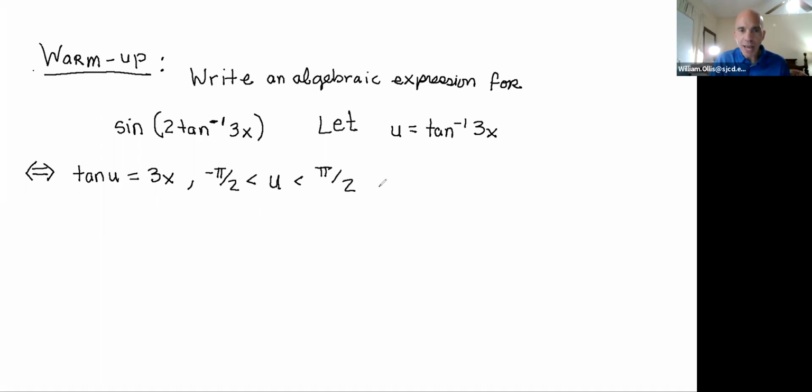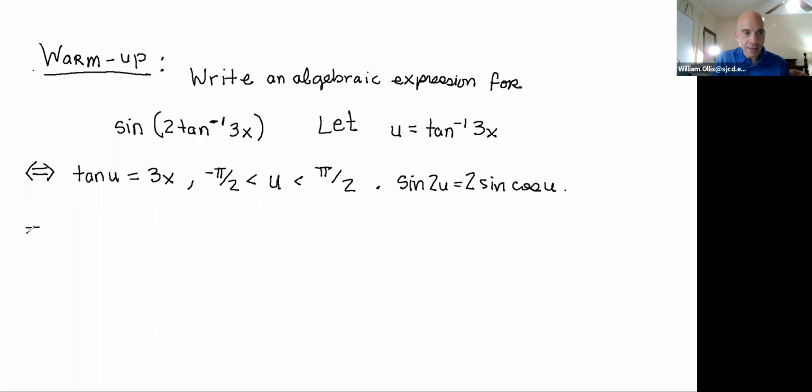And also we have the identity. Let me remind you of that. Sine of 2u equals, this is what you learned in trig, 2 sine u cosine u. Okay, so now we need to fill that in. So what does this imply?